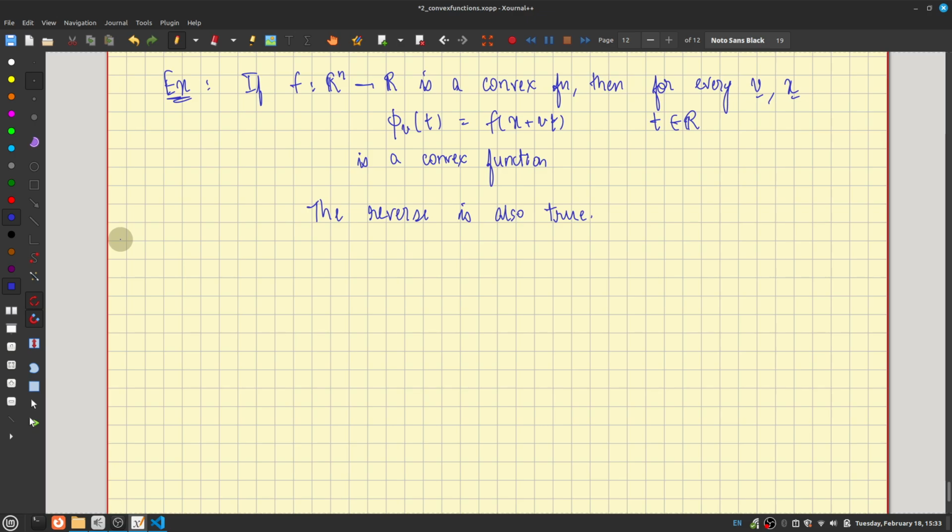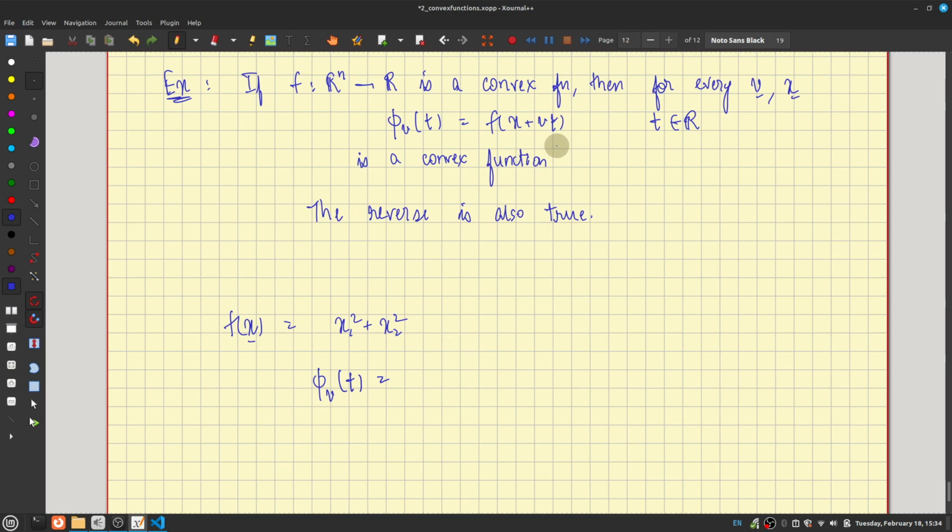Okay, let's just take, for instance, f of x equal to x1 square plus x2 square. So this is just the quadratic function. Now, what is phi v of t going to look like?